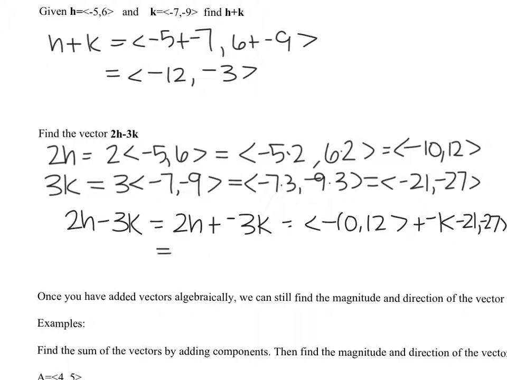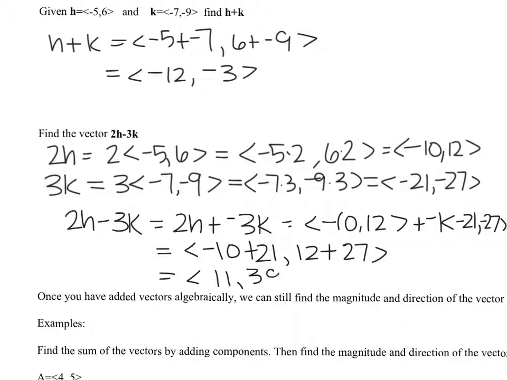So it's going to become -10 plus 21 and 12 plus 27 once you distribute that negative, because the -21 and the -27 will become positive. So we end up with 11, 39 as our vector.